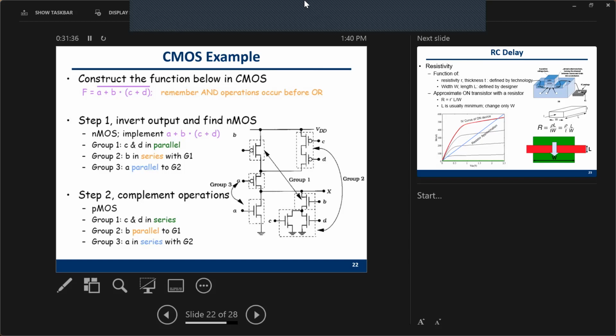And then we know that in the pull-down network, C and D are in parallel, so we write them in parallel. And this parallel structure will be separately connected to B. And then A will be connected to the D2 in parallel in this way.